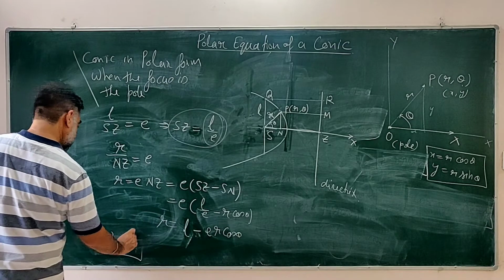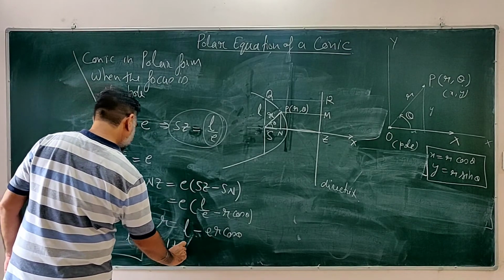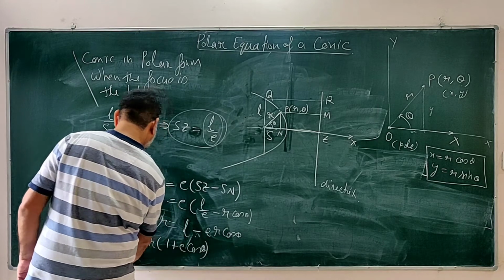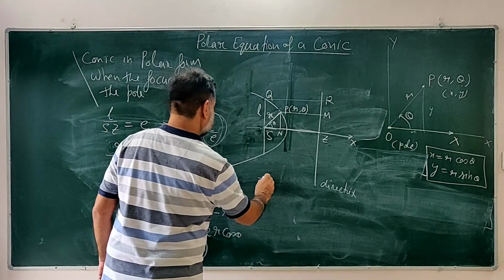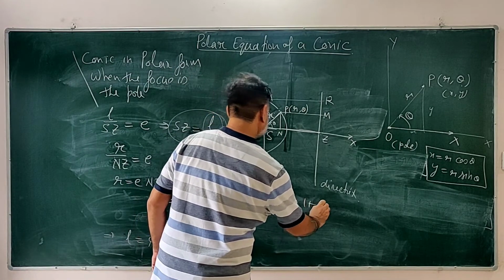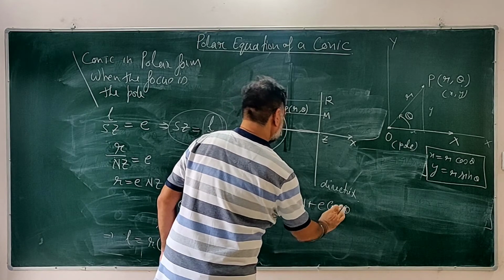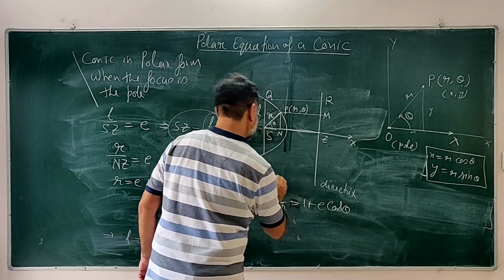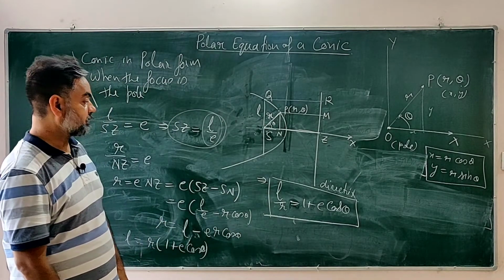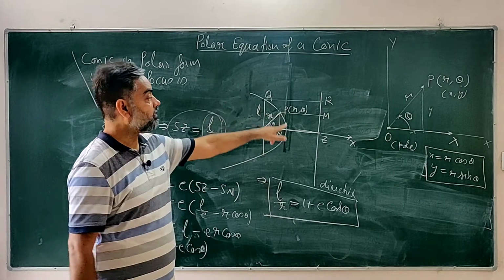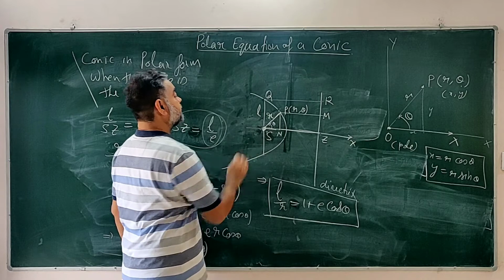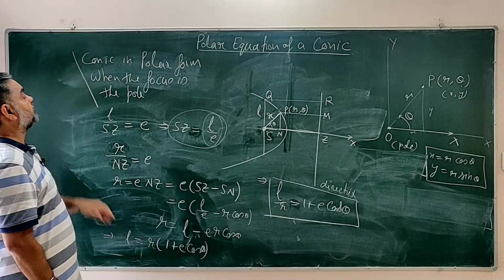This implies L is equal to r times (1 plus E cos theta), and that implies L over r is equal to 1 plus E cos theta. This is the equation of a conic in polar form whose focus is the pole.